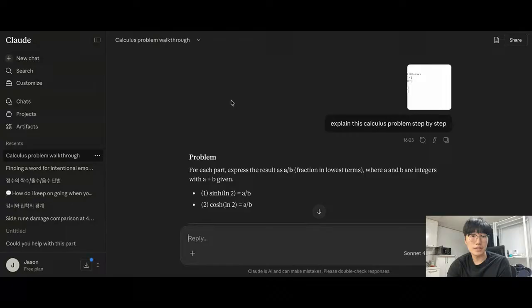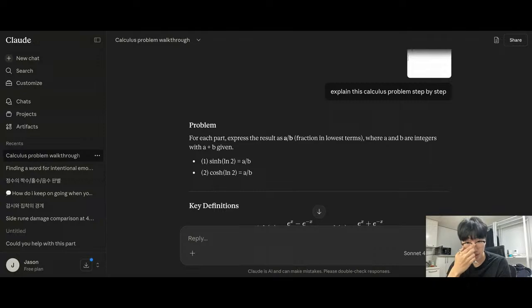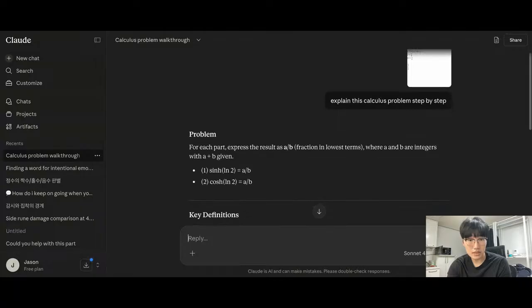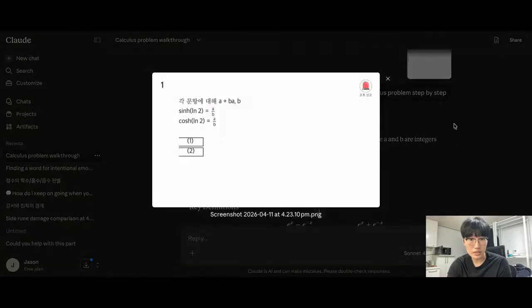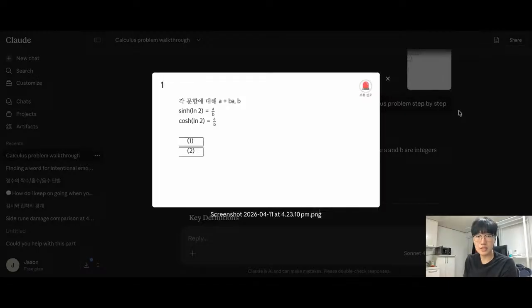So the problem is, for each part, express the result as a/b fraction in lowest terms, where a and b are integers with a plus b given. So one is sinh(ln 2) equals a/b.